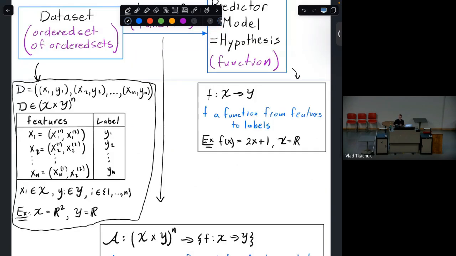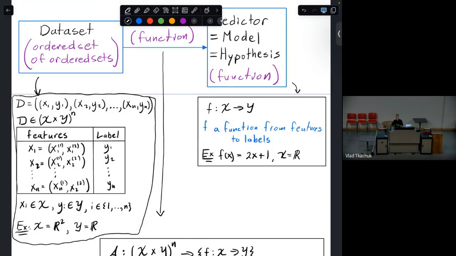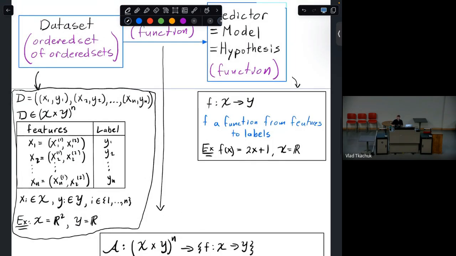Which is the data set, this predictor function you're producing, and the learner, which is taking the data set as input and producing the predictor.